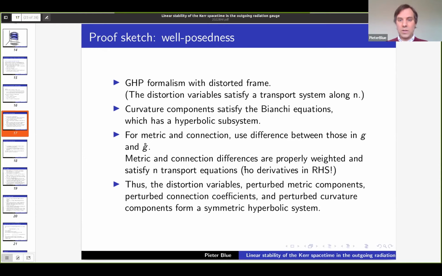And surprisingly, there are no derivatives on the right-hand side of these transport equations. So that means we've got a symmetric hyperbolic system for the curvature components, the perturbed connection coefficients, the perturbed metric coefficients, and these distortion variables, which tell us how to set up the foreground frame.